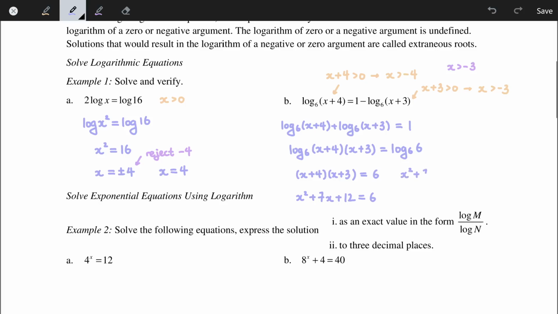We have x squared plus 7x plus 6 equals 0, which can then be factored. We have then x plus 6 times x plus 1 is equal to 0, which means that x is either equal to negative 6 or negative 1. Now, based on our restriction, the negative 6 answer will then be rejected. And so we're just left with x equals negative 1.